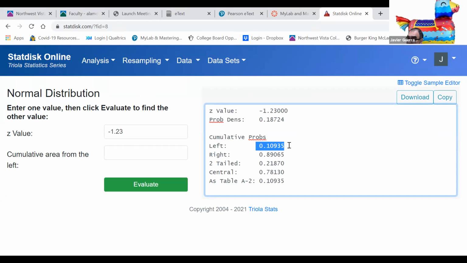What was that one? 17. Bam! Ooh, their number was off by 1 digit.